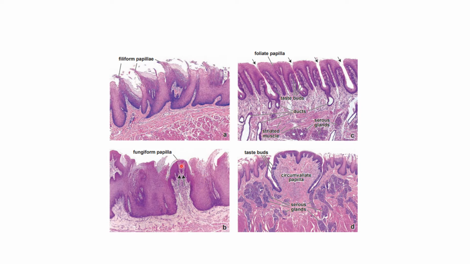So these are the fungiform papillae, which have blunt projections like mushrooms and a stalk below, and there are a few taste buds present in the fungiform papillae. Another, and the most important, is the circumvallate papilla, which has a broader apex and a narrow stalk, broad towards the lumen and narrower towards the connective tissue, and is surrounded by a valley, a trench or a cleft, another name for which is a moat.